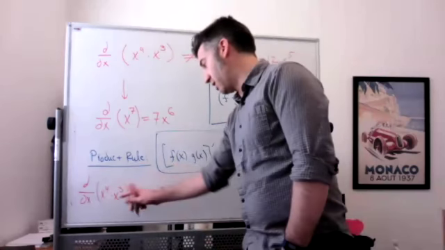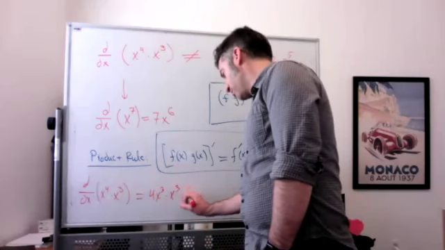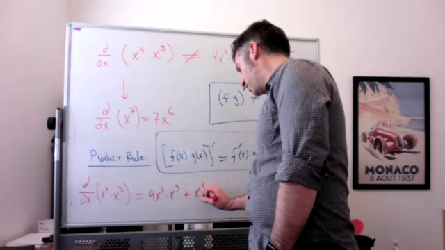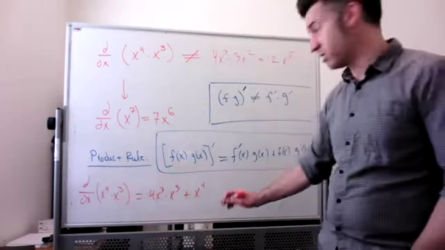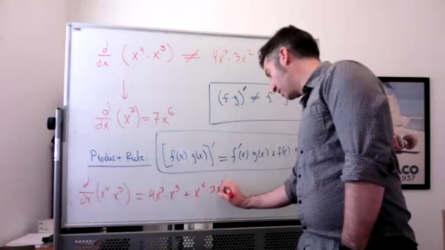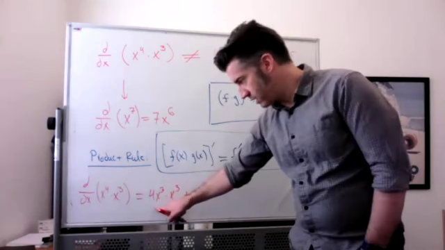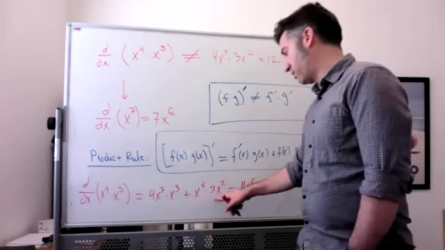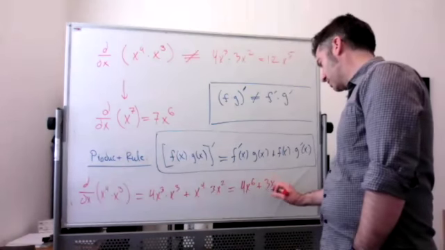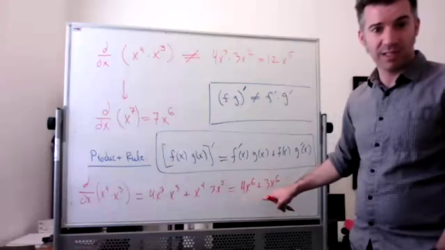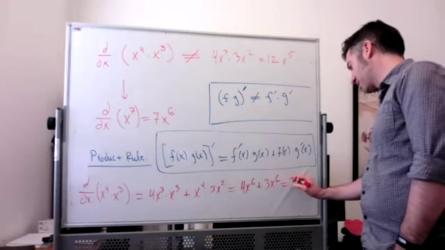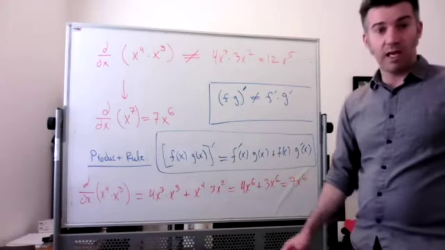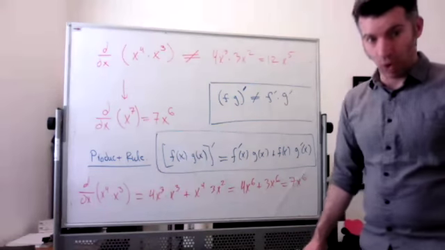The derivative times the not derivative, plus x to the fourth, times the derivative of x cubed, which is 3x squared. And if we simplify this, 4x cubed times x cubed is 4x to the sixth. X to the fourth times 3x squared is 3x to the sixth. And 4x to the sixth plus 3x to the sixth is 7x to the sixth. And it works. So the product rule works.